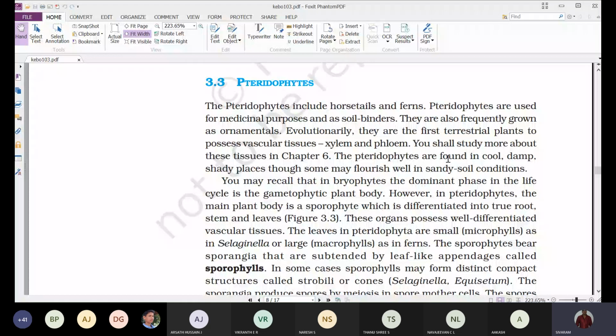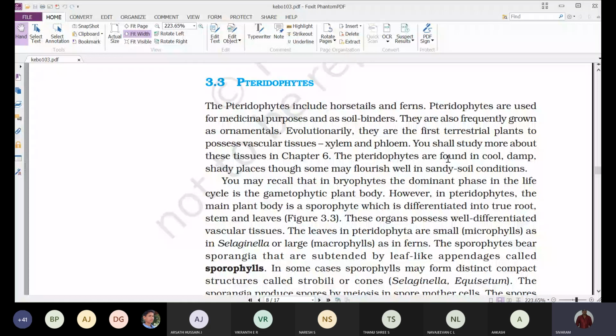And next, when you observe, the pteridophytes are used for medicinal purposes and as soil binders. A lot of plants that are included under the pteridophytes have a medicinal value. And they're mostly grown in hilly regions. In the hilly regions, these pteridophytes act as soil binders.